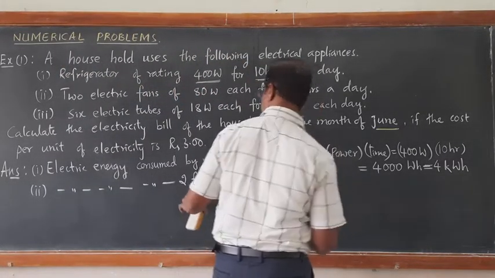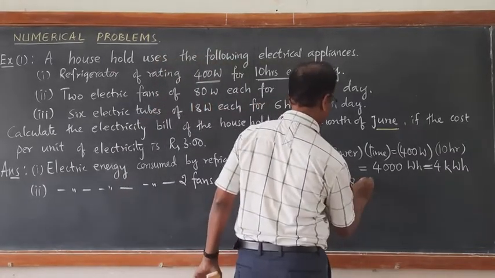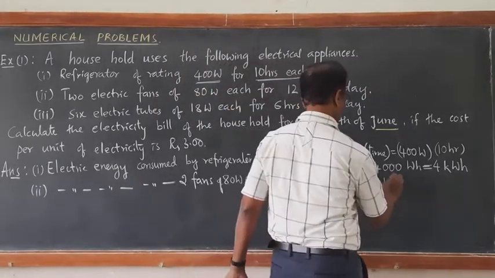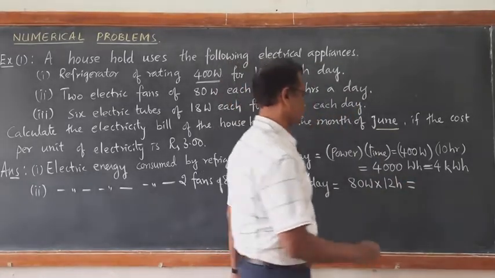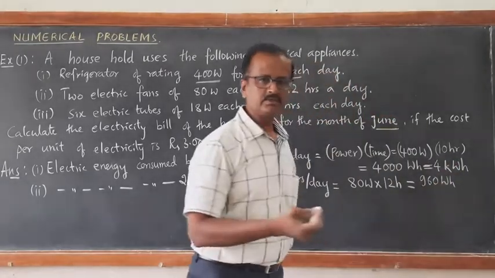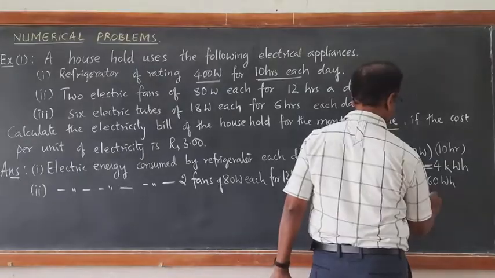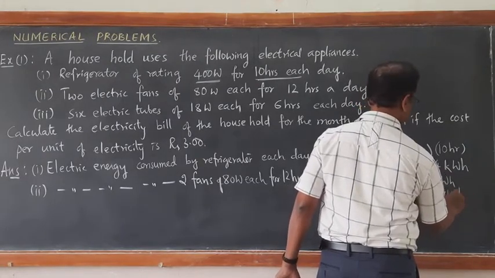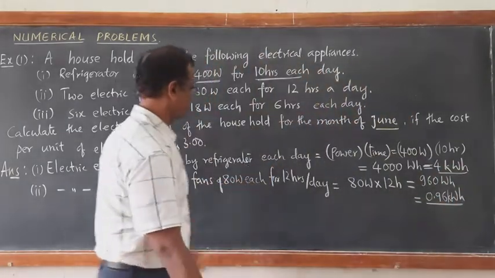Power is given here, 80 watts, used for 12 hours a day. 12 8s are 96. 960 watt hours. Convert this into kilowatt hour. Divide by 1000. So it becomes 0.96 kilowatt hour, 0.96 unit per day.